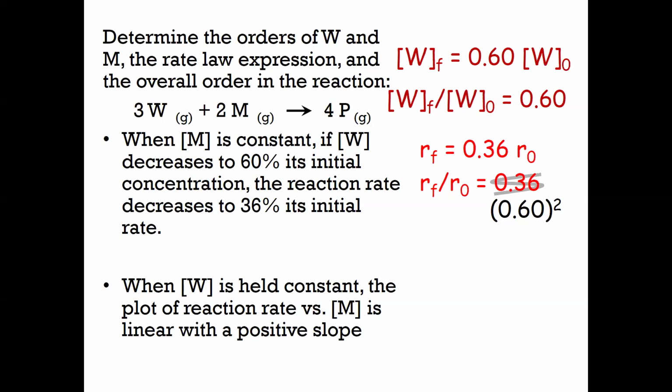Okay. How about the second part? When W is held constant, the plot of reaction rate versus concentration of M is linear with a positive slope. So take a moment to think about what that means, and maybe drawing a graph would help.